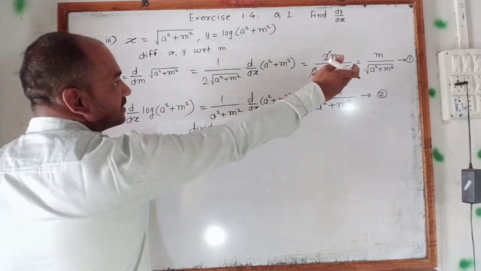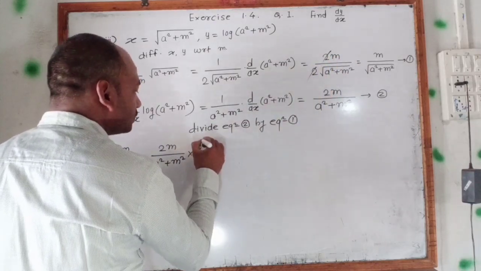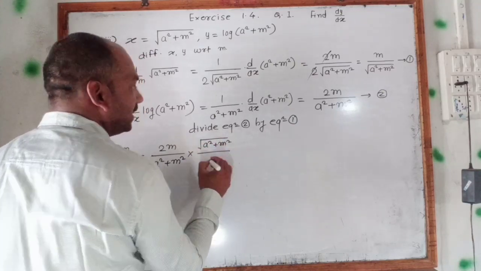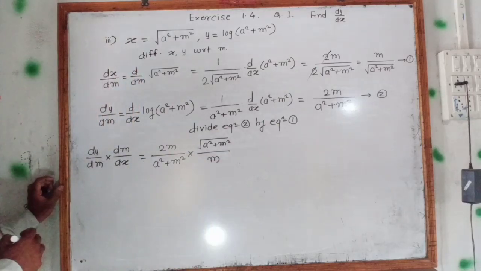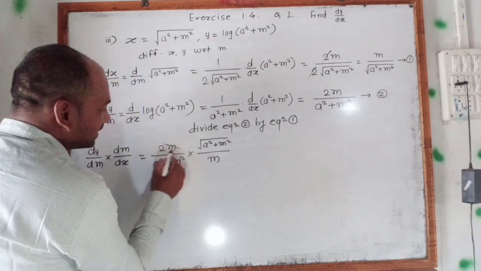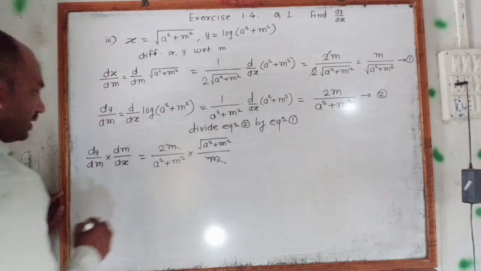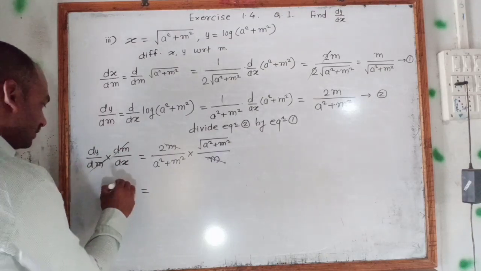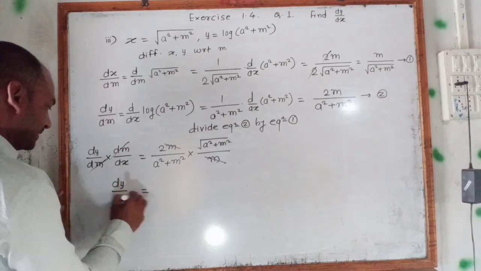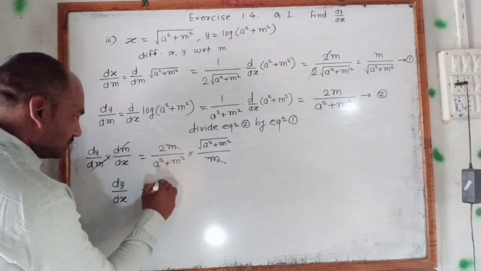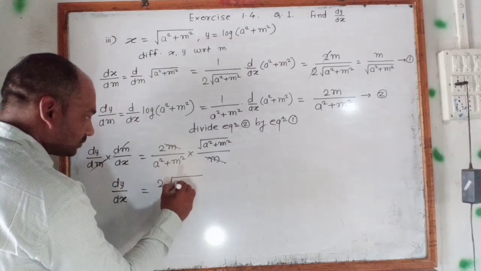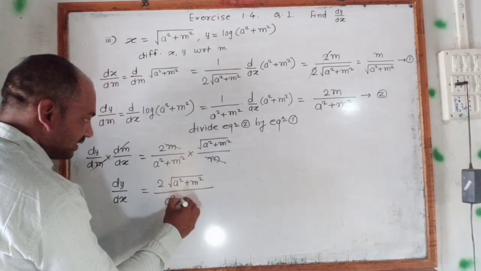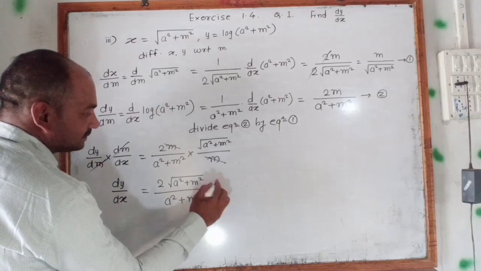In the product we take the inverse of this part there: square root of a square plus m square divided by m. Now finally we cancel this m with this m, and dm cancels with dm. So dy upon dx is equal to 2 square root of a square plus m square divided by a square plus m square.